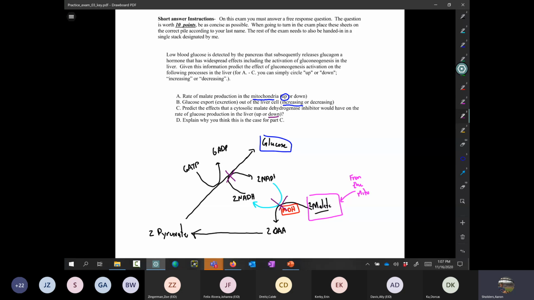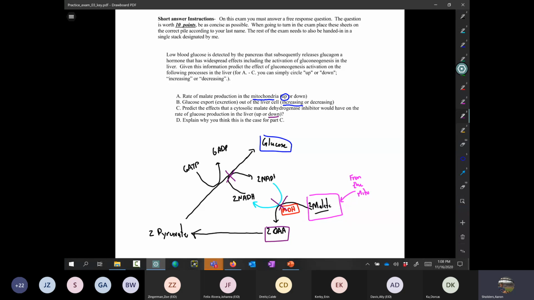And of course, part D is just explain why, and the reason is because we're not producing the needed NADH. And something else, we're not producing the needed oxaloacetate either. So both of those things are affected by this inhibitor. Hopefully that helps you.